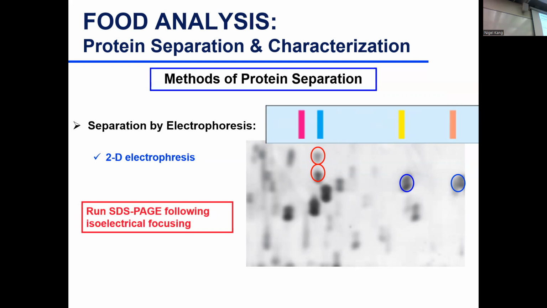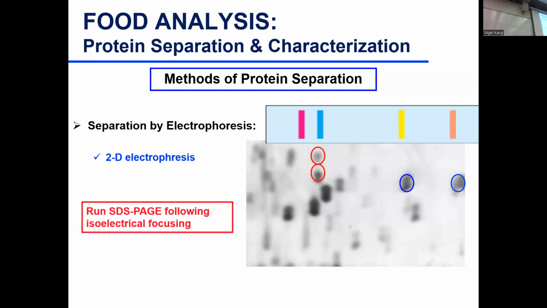So here is the protein. Let's say the isoelectric point of this protein is 4.5. Now we run SDS and we separate. Here we might have 3 or 4 different proteins, all of them with an isoelectric point of 4.5. Then you do the SDS phase and you separate the proteins based on their molecular weight.